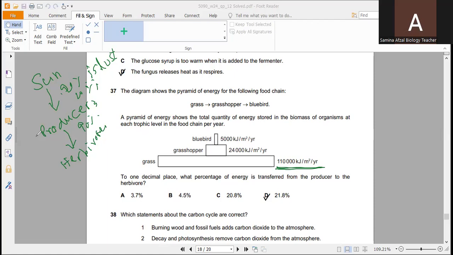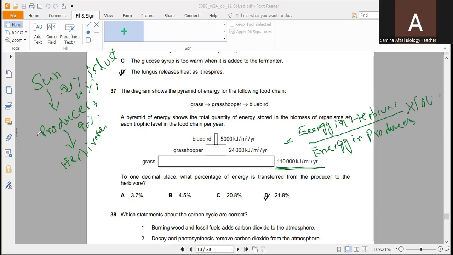It will be equal to energy in herbivores divided by energy in producers, multiplied by 100. We can calculate the percentage in this way.